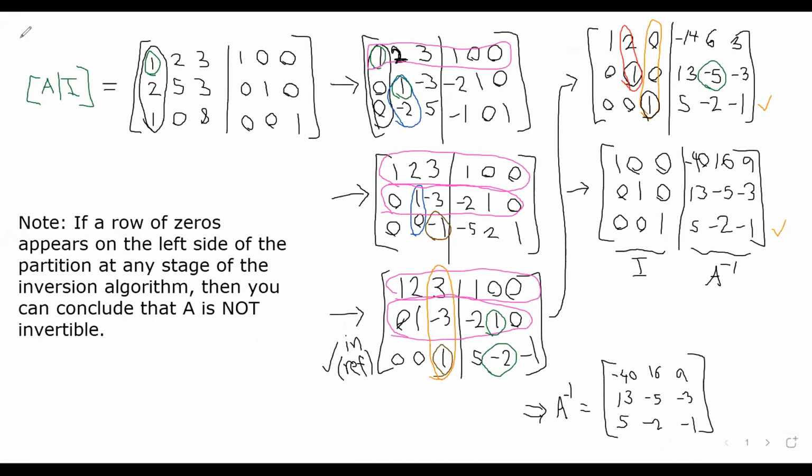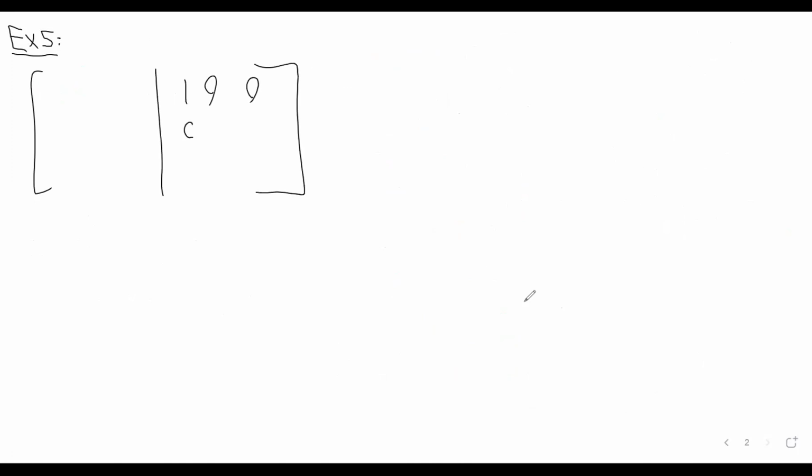Okay, so I'm just going to label this as example 4. So this is example 5. All right, so for example 5, you have this partition matrix.